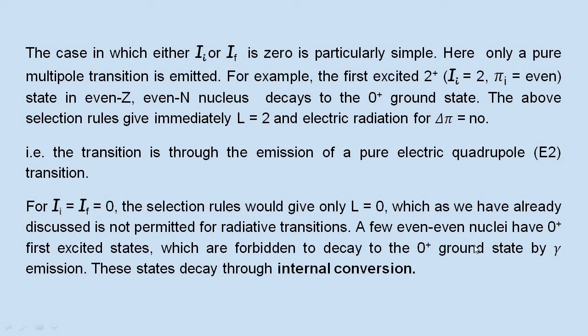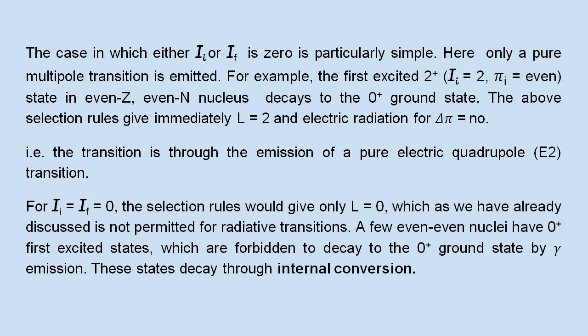A few even nuclei, why we call them even is clear from our earlier discussion, have 0 plus first excited states. The ground state for even nuclei clearly has 0 spin, while the upper or higher states may have a change in spin.